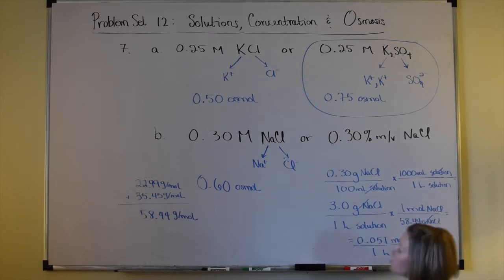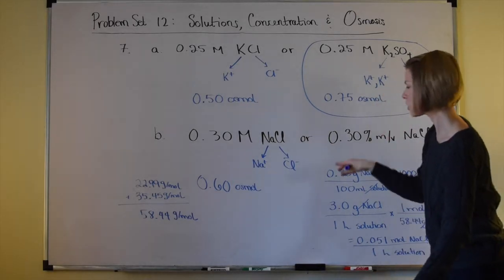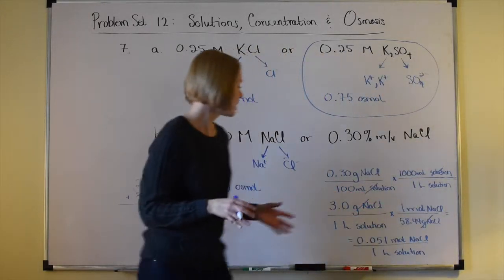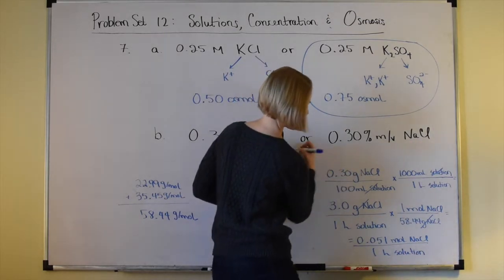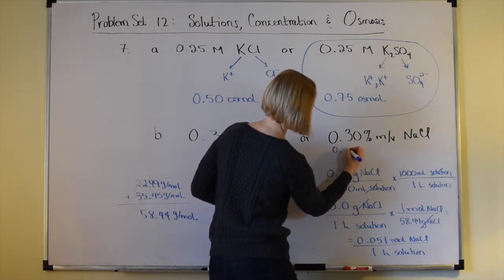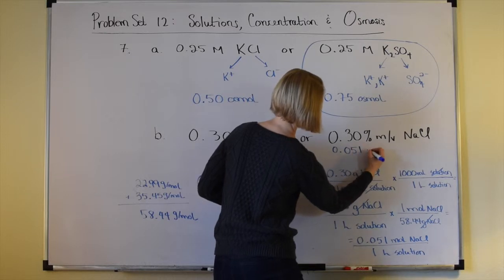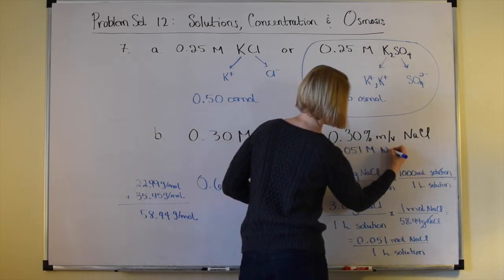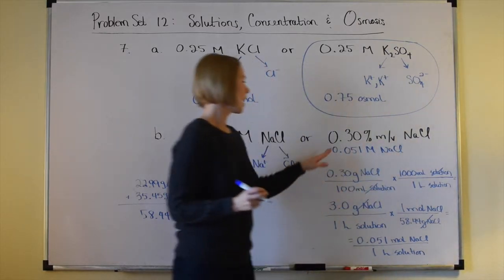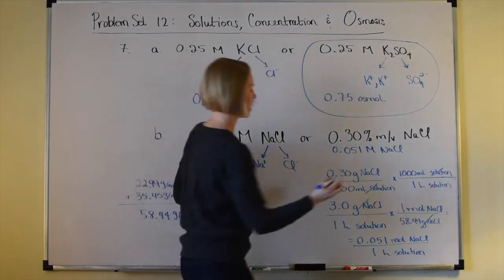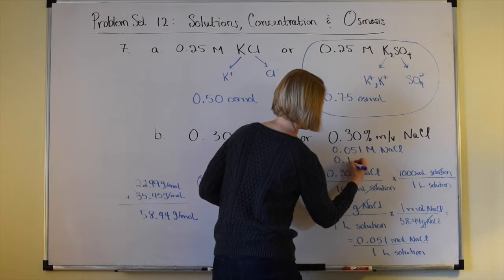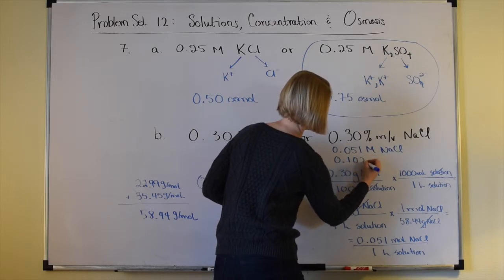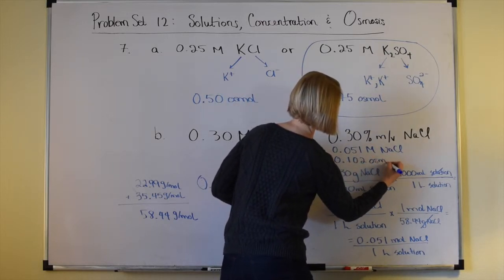Okay, so going back up here, to figure out the osmolarity, it's going to be double. So we've got 0.051 molar NaCl, and that's going to be double. So the osmolarity is going to be 0.102 osmol.